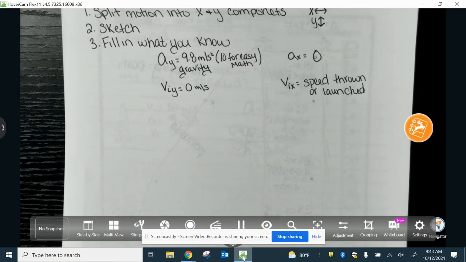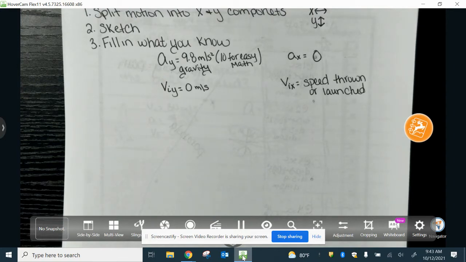So maybe it's launched out of that cannon at 140 meters per second, or it's thrown at 2 meters per second. Whatever it is, that's part of the problem. It's usually given to you, or you can solve for it.